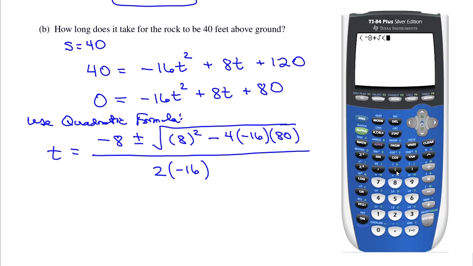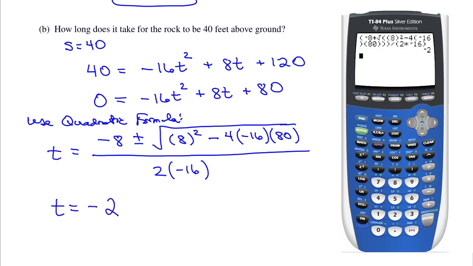I choose plus, square root, parentheses, 8, close parentheses, squared, minus 4 times negative 16 times 80, close the parentheses for the 80, close the parentheses for the square root, close the parentheses for the numerator, divide, and then open a set of parentheses for all of the denominator. 2 times negative 16. Close the denominator, press enter, and you see one of the answers here is negative 2.